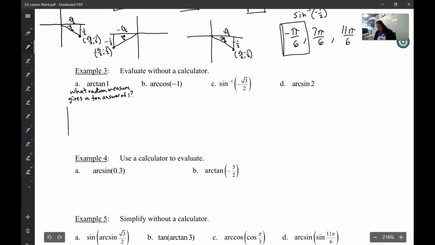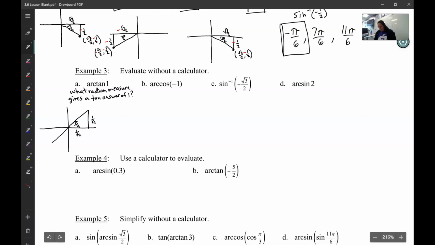So if we look at our unit circle, I want a tangent of 1, which, if you get a little practice with your unit circle, you know is going to be at the 1 over root 2, over 1 over root 2. Remember, tangent is y over x. So if I take the y value divided by the x value at this point, that's going to give me 1. That is at pi 4.